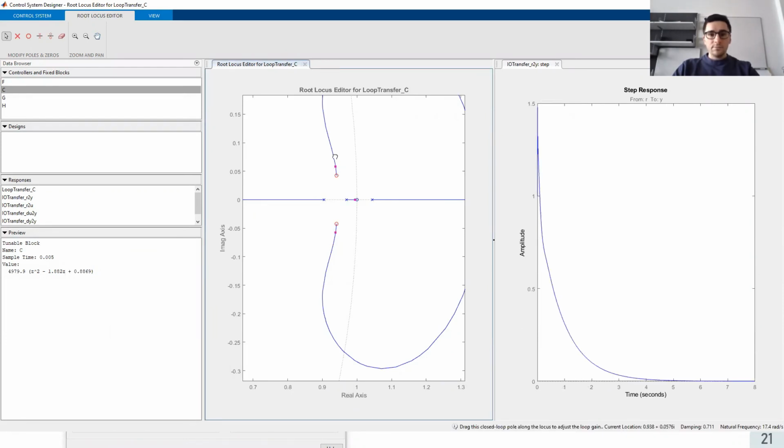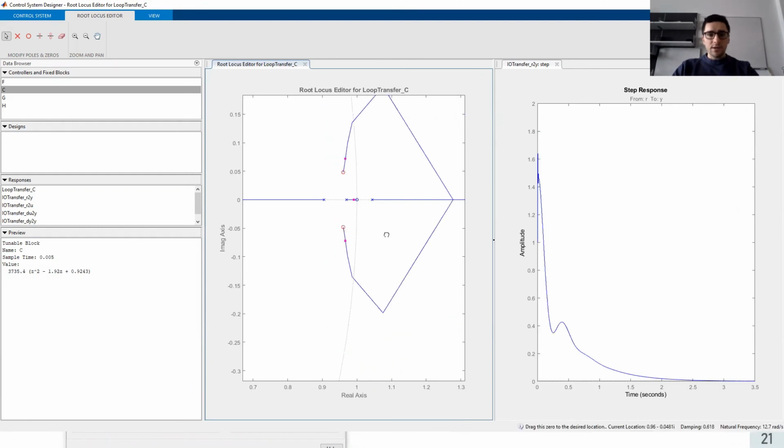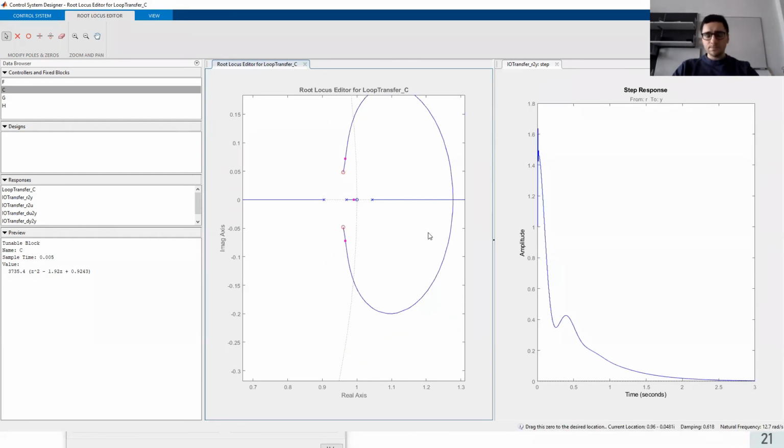And now you have the desired damping ratio, though not exactly. You should have an infinitely large gain, of course, to be at the zero location, but still you can be sufficiently close. And you have the system response on the right-hand side. So this is how you can use this Matlab toolbox.